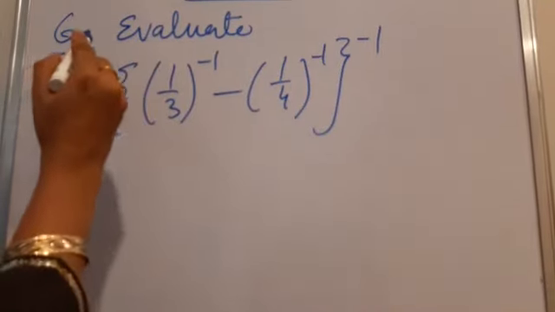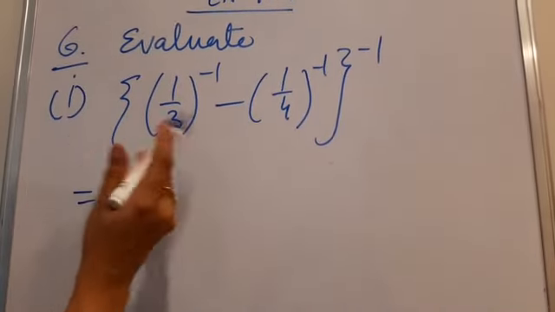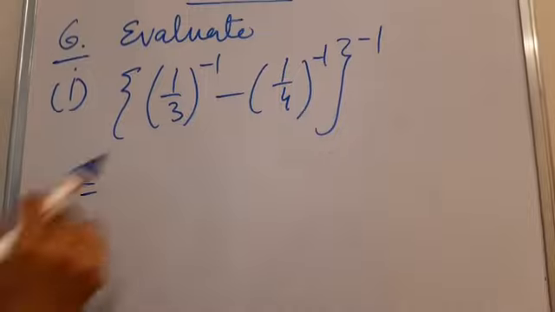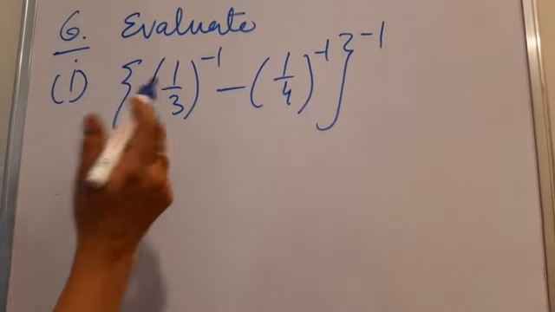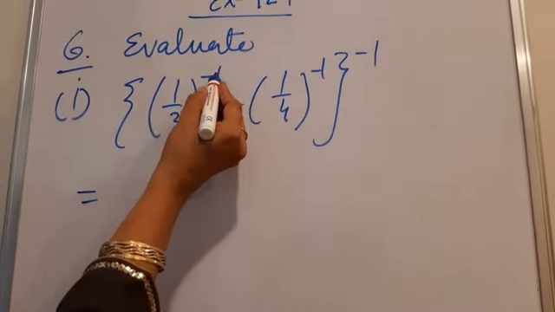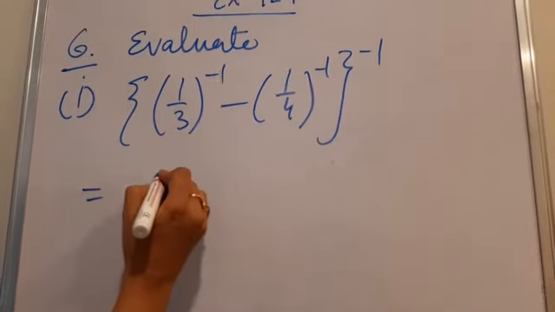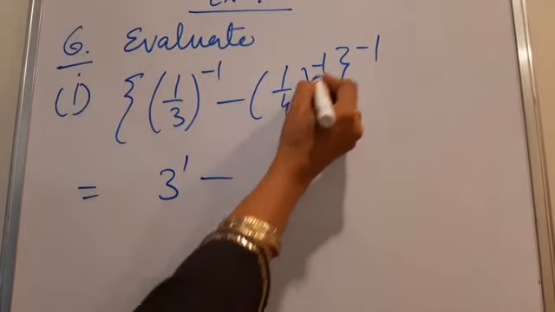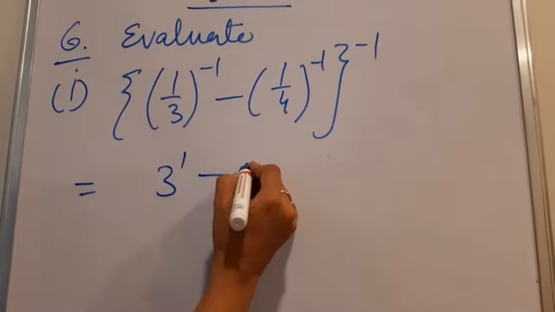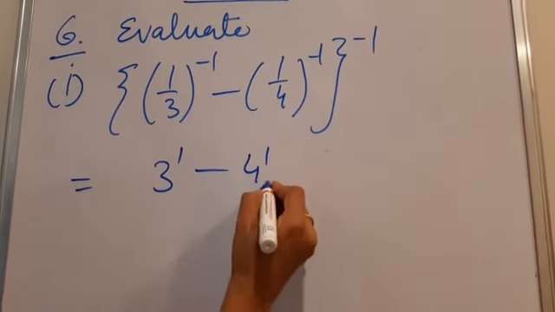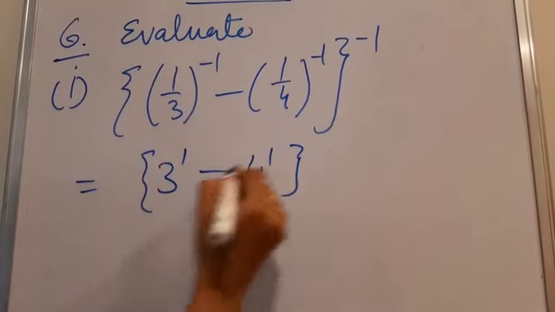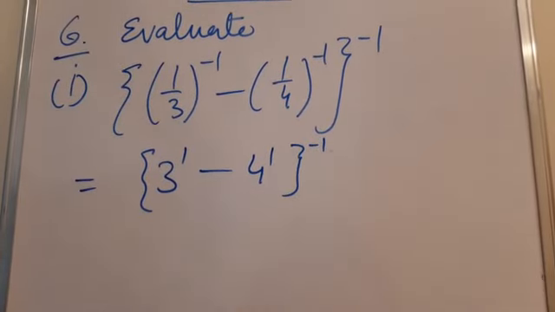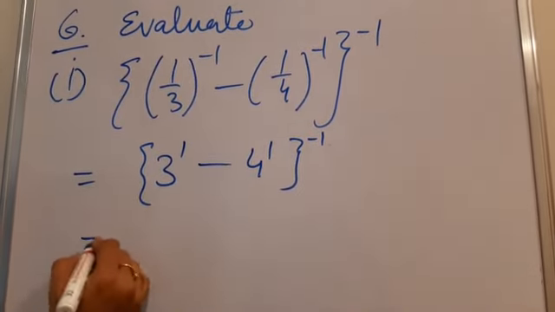Question number 6 is evaluate, and this expression is given to you. You have to find out the value. Now 1 by 3 raised to power minus 1 is given. You can write it as 3 raised to power 1. 1 by 4 raised to power minus 1 you can write as 4 raised to power 1. Now after the bracket the power given to you is minus 1. Solve it.